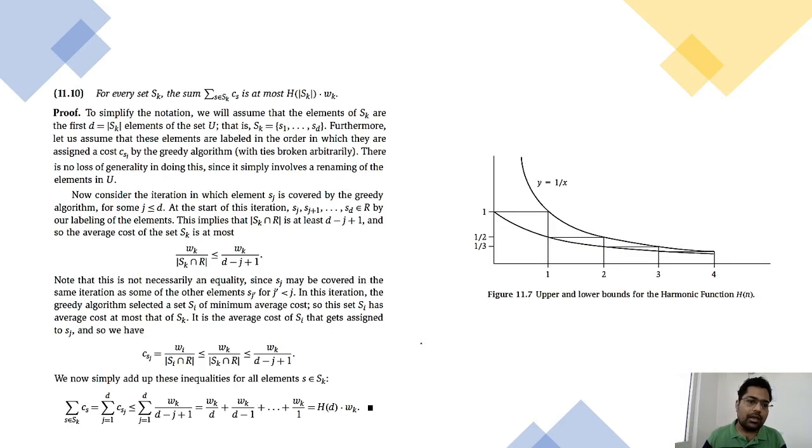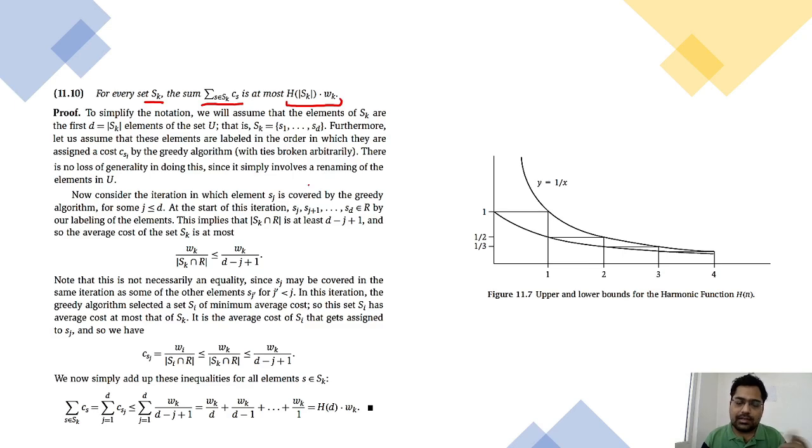Okay, next our target is a set cover s k. For each set cover s k, for each element within that set which is getting selected, the cost assigned to each element is at most h of s k into w of k.